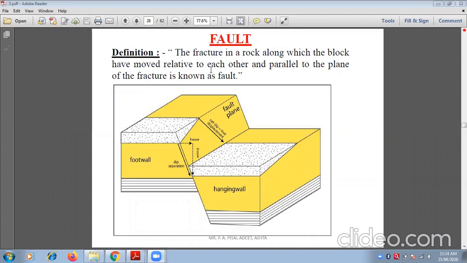Up throw means the block which moves in the upward direction, and down throw means the block which moves in the downward direction. So here, which is the up throw block and which is the down throw block?